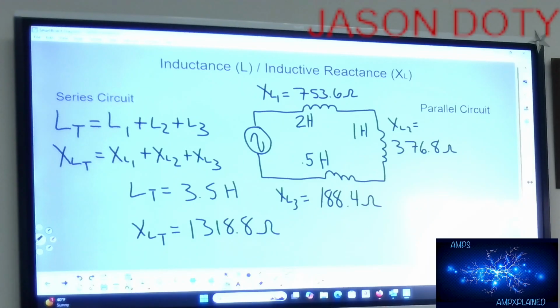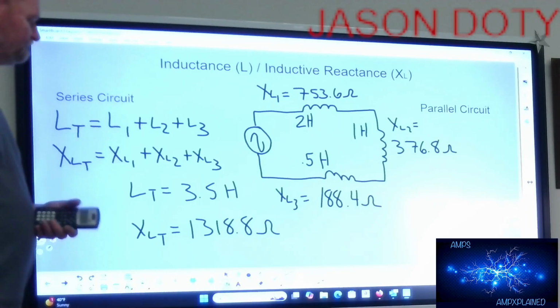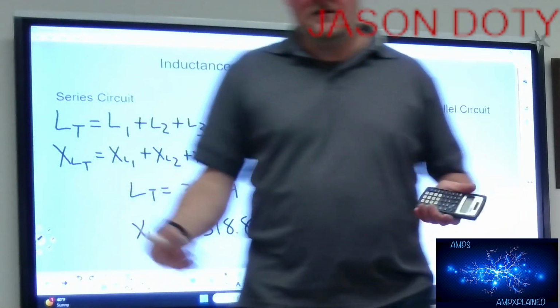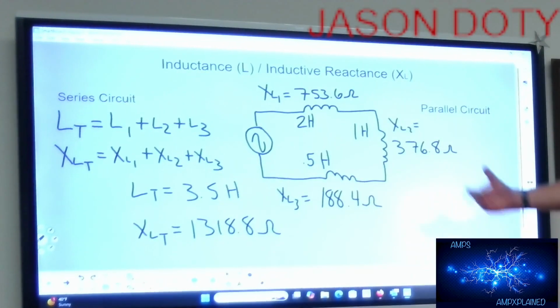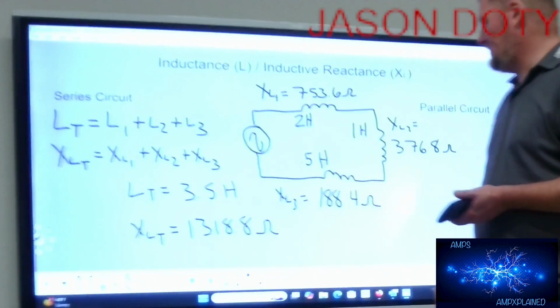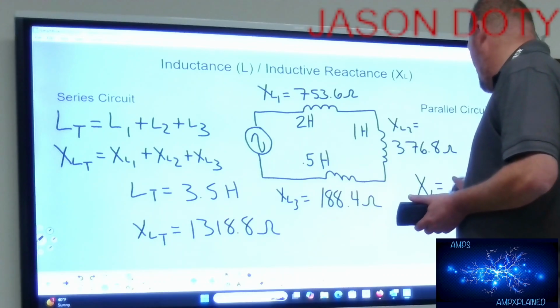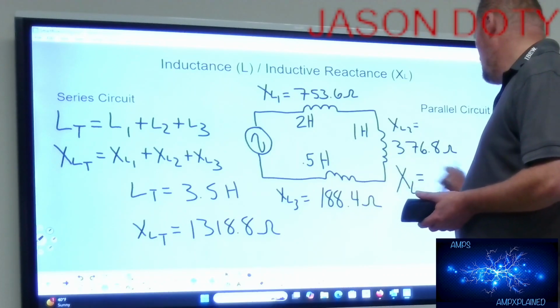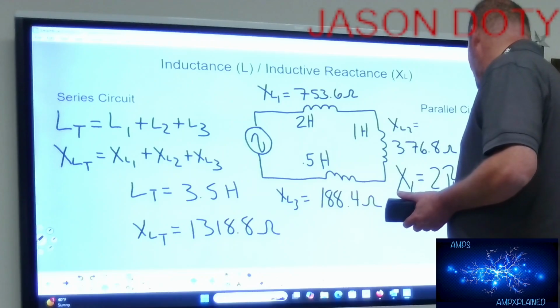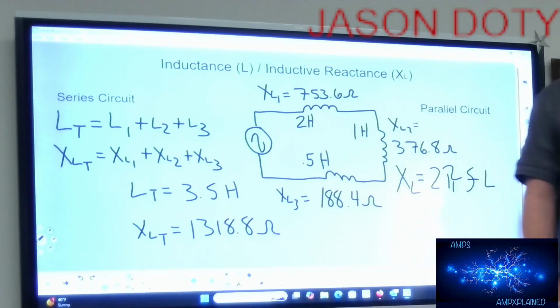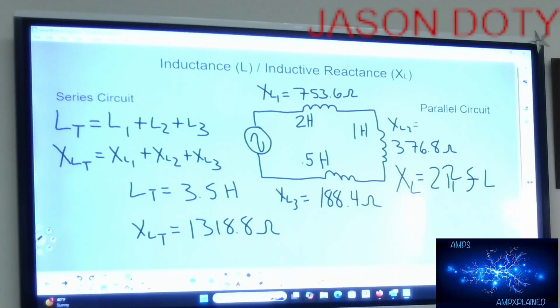Here's the fun part. We can also double check our work. We calculated it in Henries. We calculated it in inductive reactance, but let's prove we're right. And this is where we'll see that X of L formula, 2 pi f L: 2 pi times the frequency of the circuit times L, the Henry.